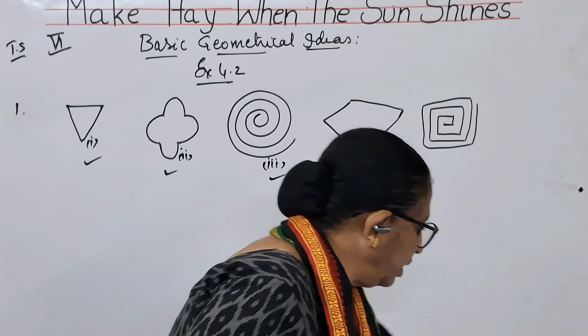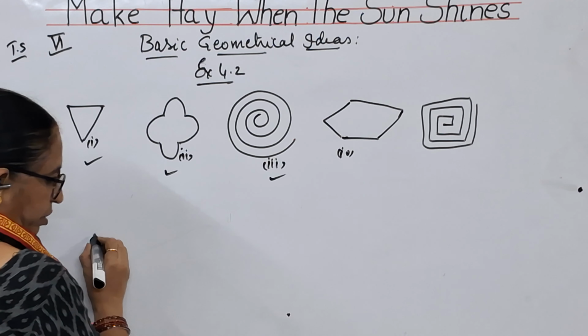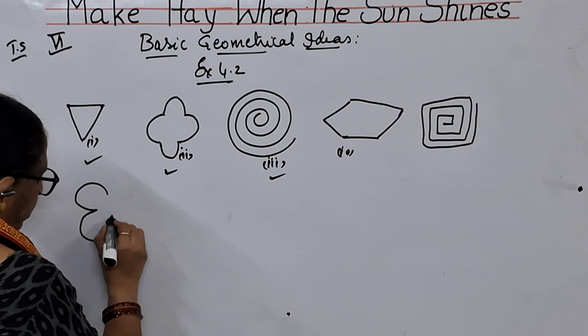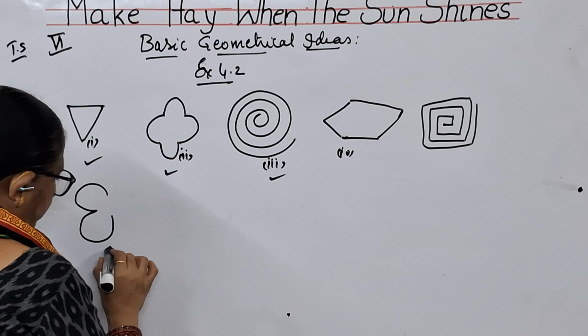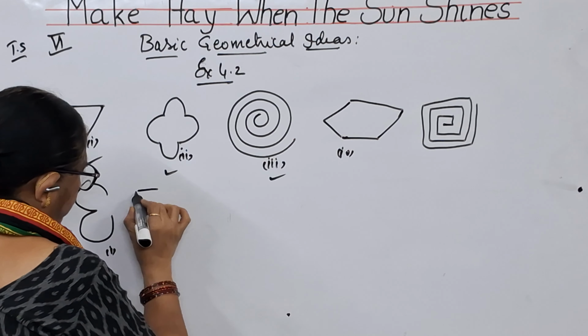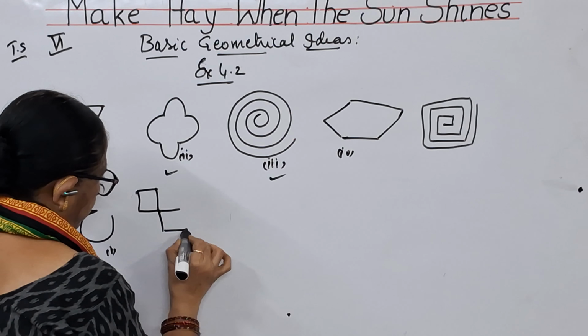Next, state which are, second problem, you have got certain figures. One is like this, first bit, and the second bit you have got in this way.